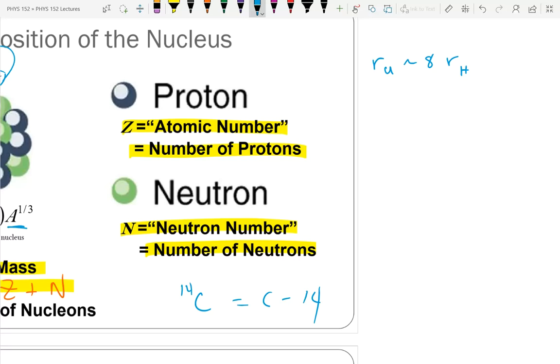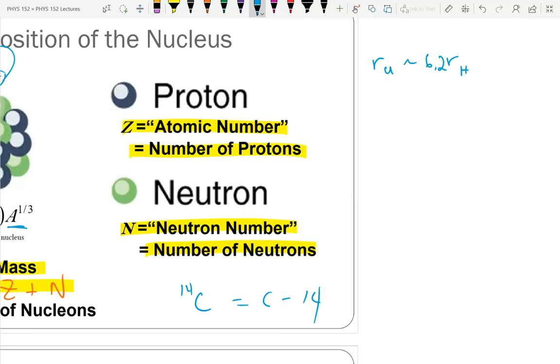238. Of course. 6.2. Okay, so the radius of uranium is about 6.2 times the radius of hydrogen. Yes, it's multiplied by 1.2 femtometers, but I was just factoring that out.